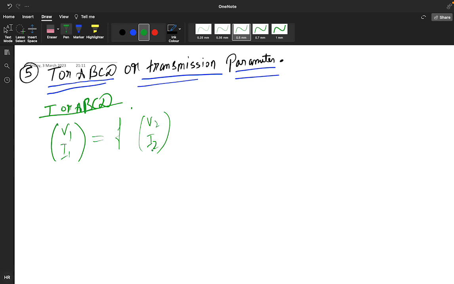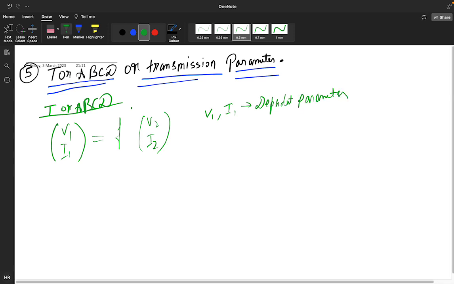So from here what we are getting: V1 and I1 are dependent parameters, and V2, I2 are independent parameters.